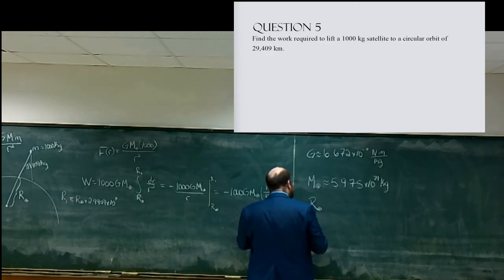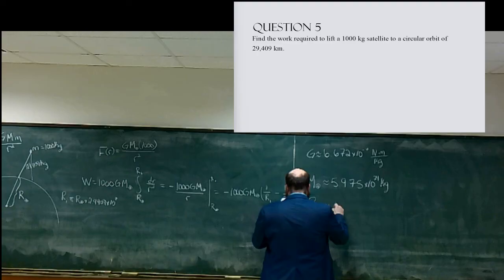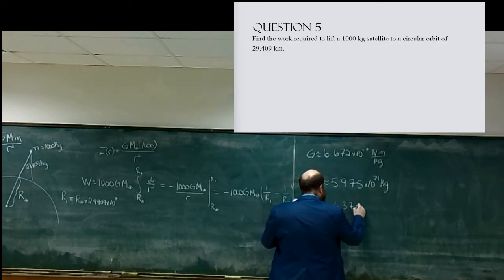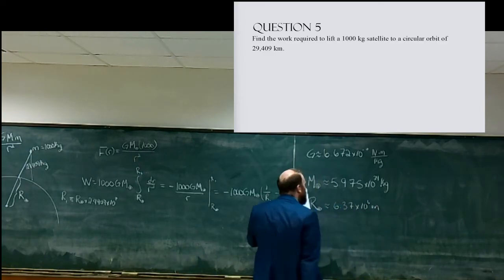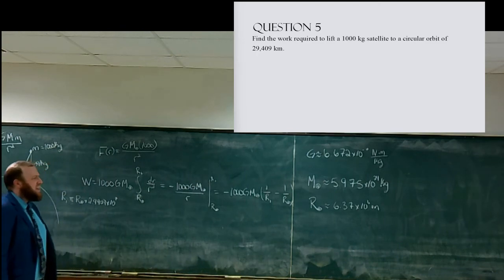And then radius of the Earth, 6.37 times 10 to the 6th meters.